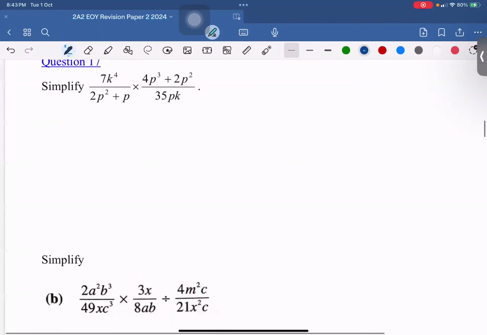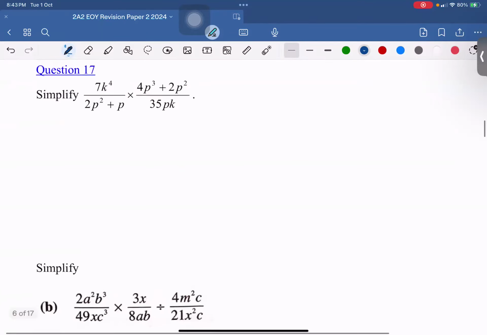Right, next part. Now look at these two questions that I have chosen. What is the difference between these two questions? Which one is question 17, option A or option B? Which is the one that I can cancel? The top one, A. Wrong.